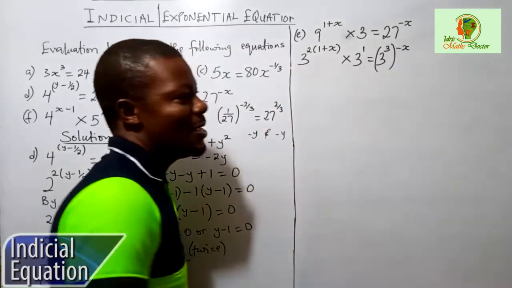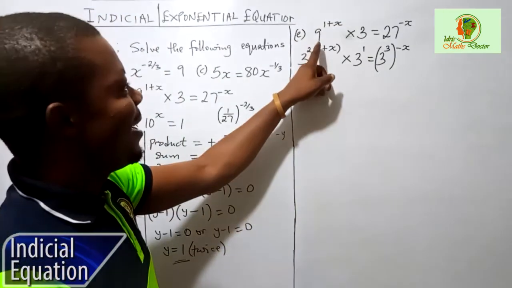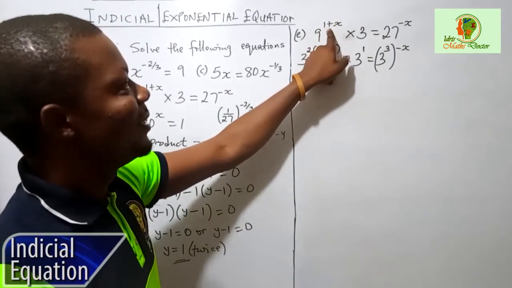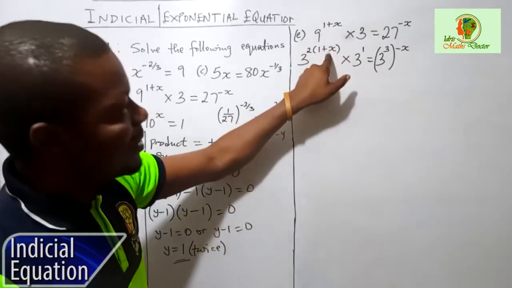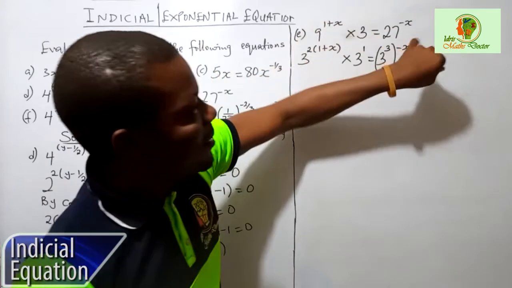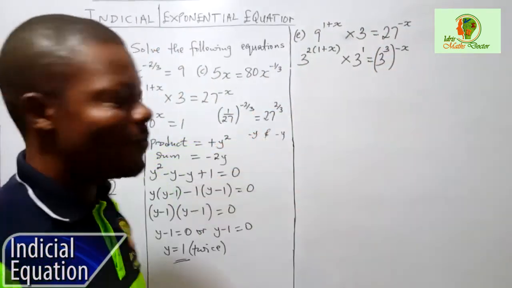Now note the way I'm using my brackets here. Since the terms here are 2, it is the power that I put in bracket. But since the term here is 1, we just have minus x, it is this that I put in bracket.